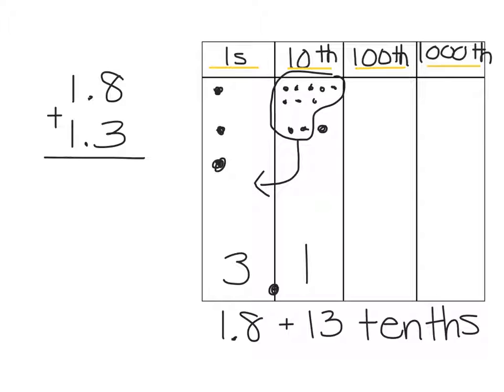And we know that 8 plus 3 is 11. So I'll make my 1 there, and I'll carry my 1 over here. And now I have 1 plus 1 is 2, plus the 1 more that I added in here. That gives me 3. And I can carry down that decimal point, and I'm left with an answer of 3.1, or 3 and 1/10.